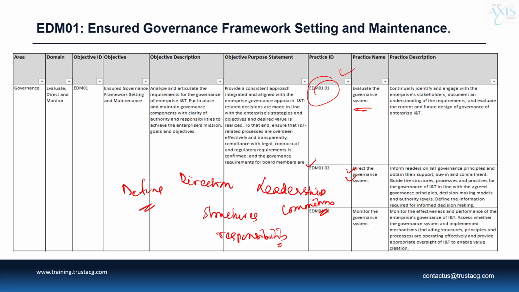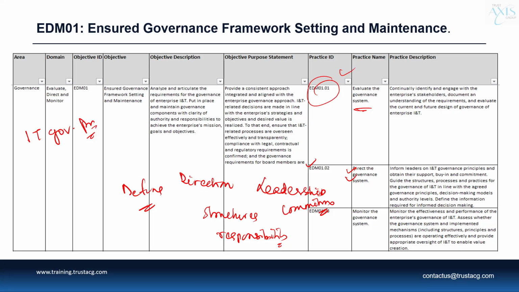One of the metrics that you can use is evaluating the degree to which whatever IT governance principles you have curated as part of your EDM 1.01 are evident in the day-to-day business processes and practices.